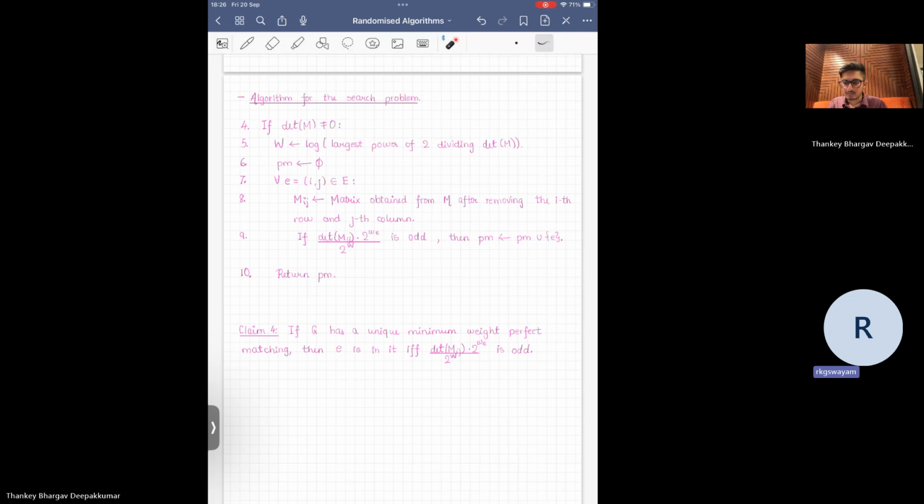So even after the removal of i comma j, it would remain a perfect matching. So what we are essentially trying to do over here is find if that thing is a perfect matching.